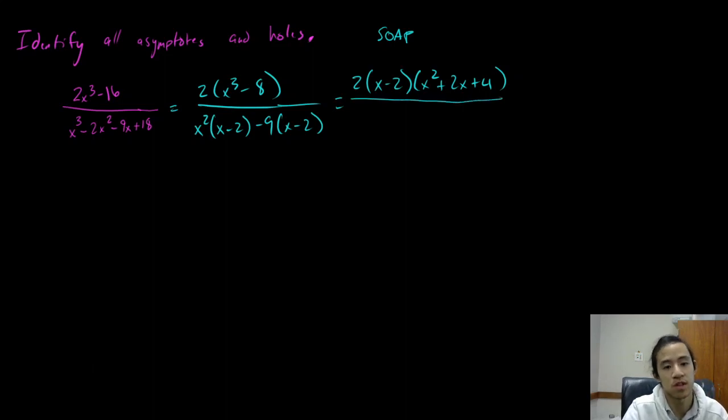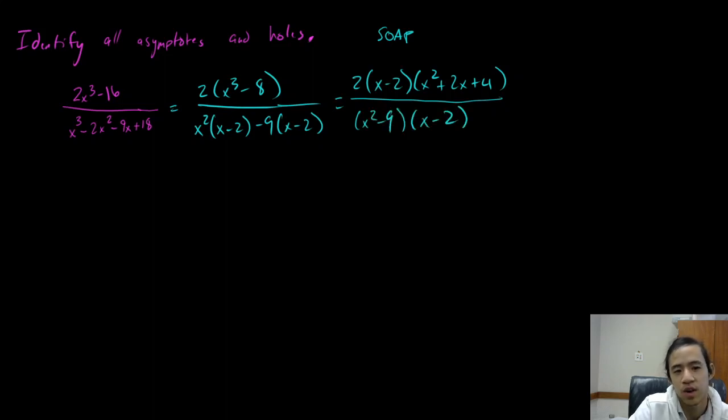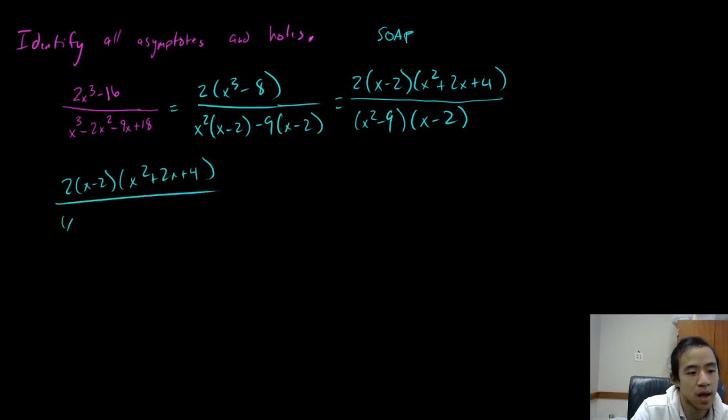So SOAP is for the signs. Now let's do this grouping step right here. I'm going to have x squared minus 9, times x minus 2. Let's factor this again one more time. So let's write the top, x minus 2 and then x squared plus 2x plus 4, over x minus 3 times x plus 3 times x minus 2.